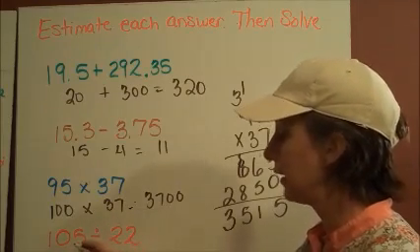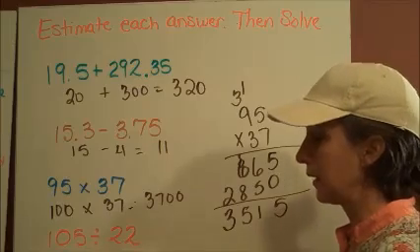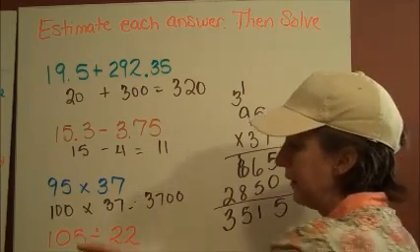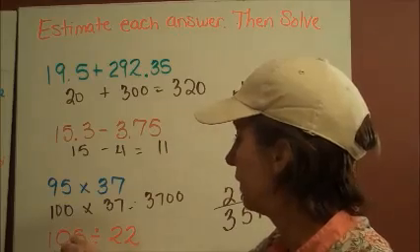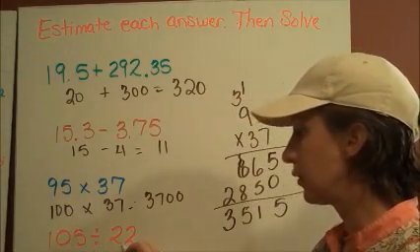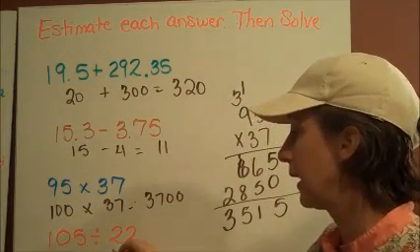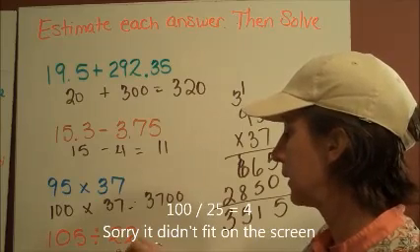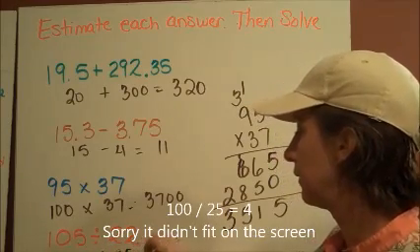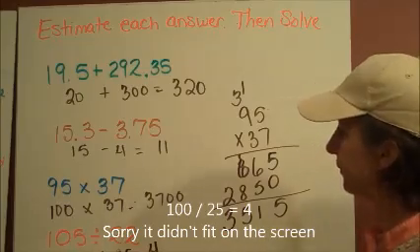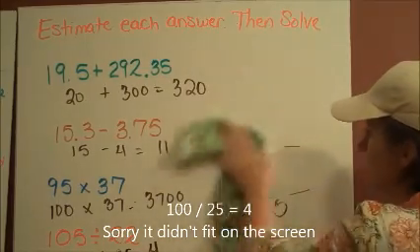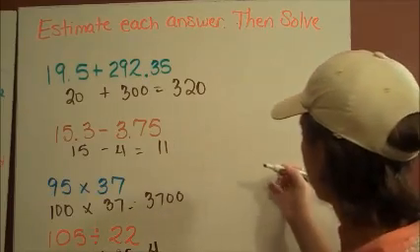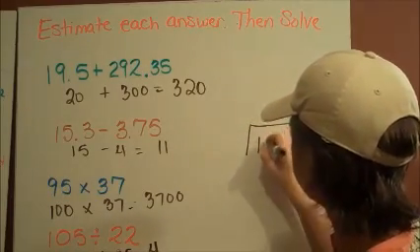And then finally, 105 divided by 22. Compatible numbers means numbers that work in my head. This would be 100, and I could round this to 20 because that would work in my head, or I could round it to 25 because I know there are 4 quarters in a dollar. So now let's see how estimating can help me solve this.